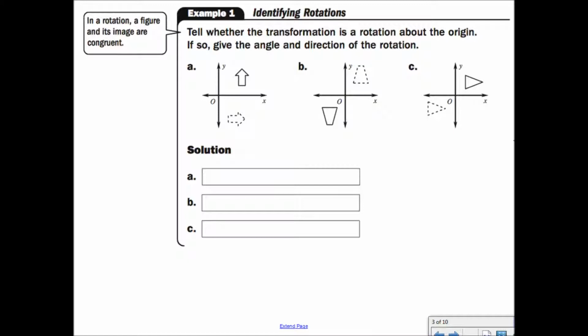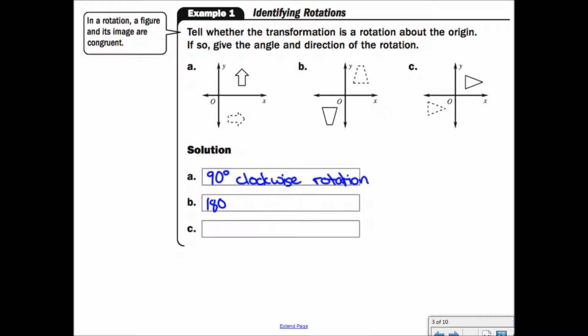A rotates to the right, or clockwise, 90 degrees. So it has a 90-degree clockwise rotation. B rotates around the origin 180 degrees.